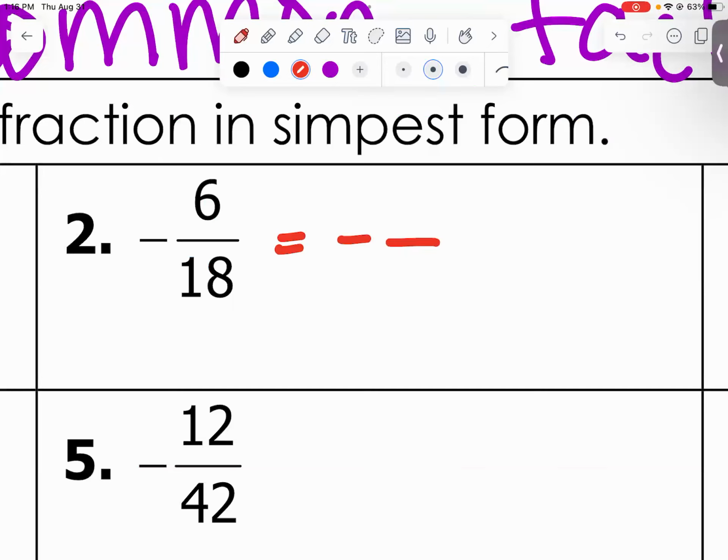Hold on. So, yes or no? No. They're divisible by 3? Okay. So what happens when we divide both of these by 3? We would get -2 over 6.